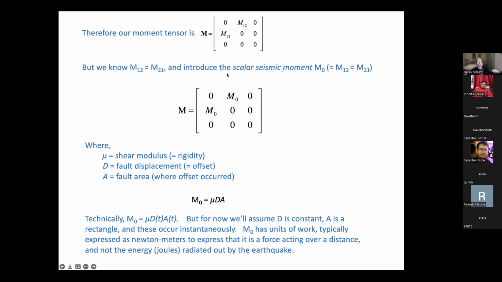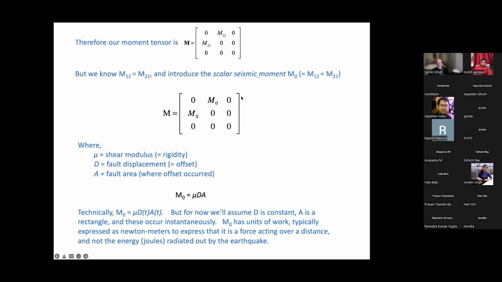So we can also introduce the scalar seismic moment, M sub naught, which just equals M sub 1,2, which equals M sub 2,1. So our moment tensor just equals these components with M naught in it.